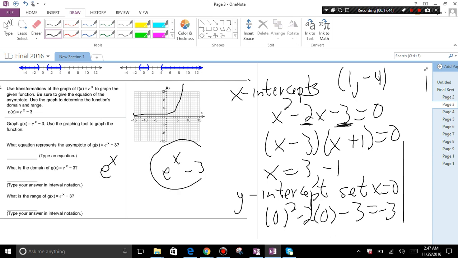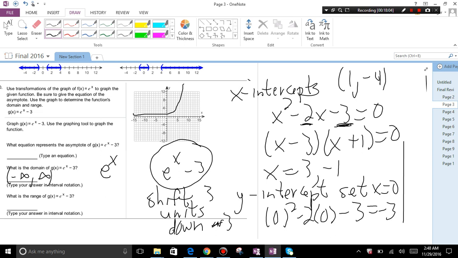And so this is just a shift 3 units down. In MyMathLab, it may be a shift of -3, but it's 3 units down. The domain is still the same, -infinity to infinity.